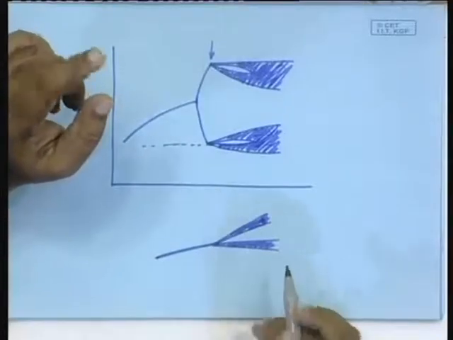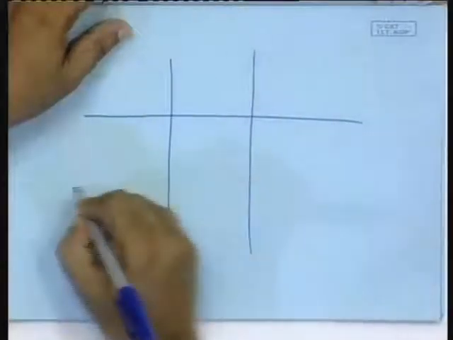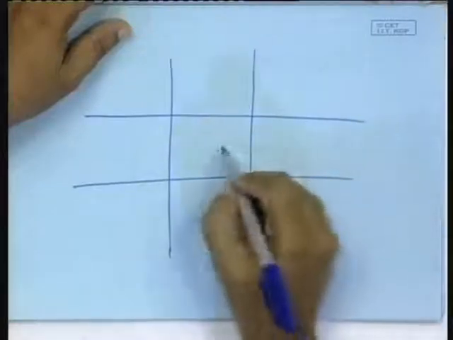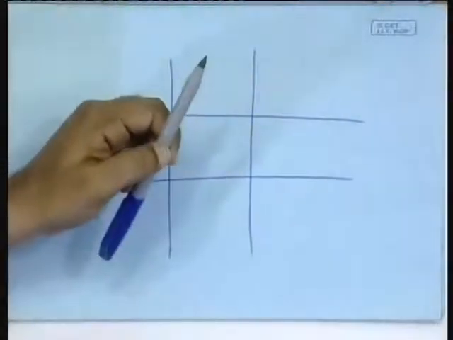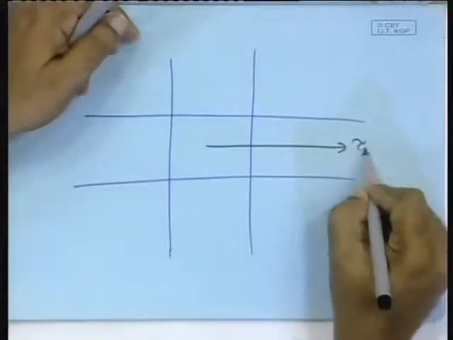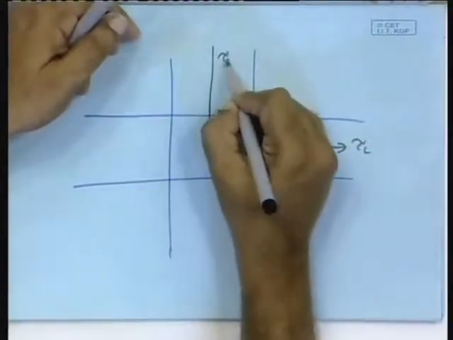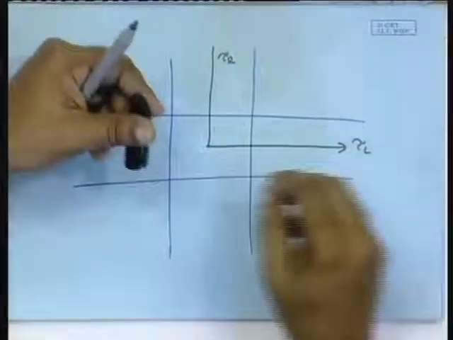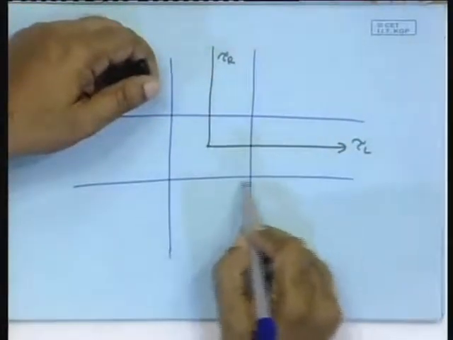We have earlier seen that it happens in, so this is our tau L axis and this is our tau R axis, and we found that it happens somewhere here.